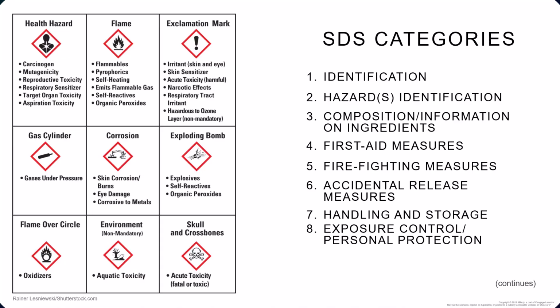Handling and storage includes the guidelines for safe handling and storage of the chemicals and includes the incompatible chemicals. Exposure controls and personal protection provides recommended limits on exposure and methods to reduce exposure, such as personal protective equipment and proper ventilation.